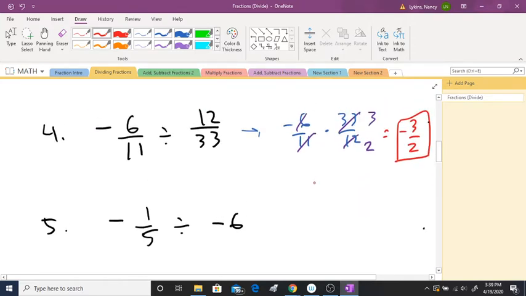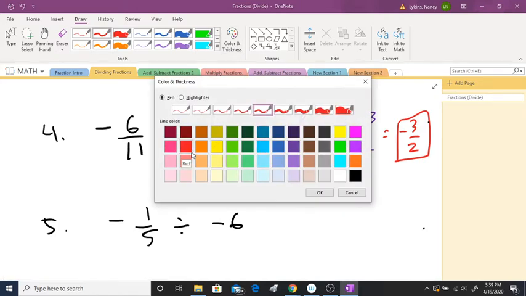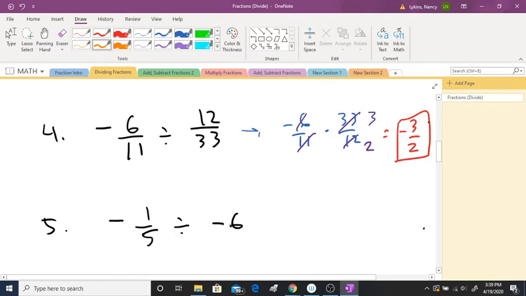Now, what about if you have a negative 1/5 divided by, say, a negative 6? Well, right off the bat, I know 2 negatives make a positive, so I know my answer is going to be positive. Now we need to make this negative 6, since it's not a fraction, over 1. Now it is a fraction. So now that is negative 1/5 times negative 1/6, because we're doing the reciprocal.